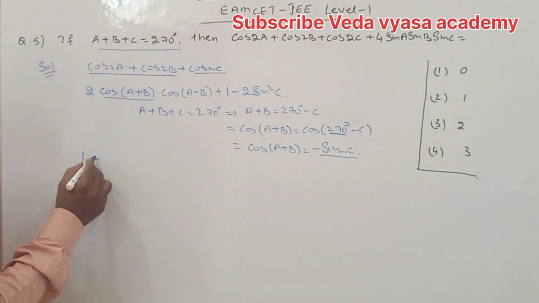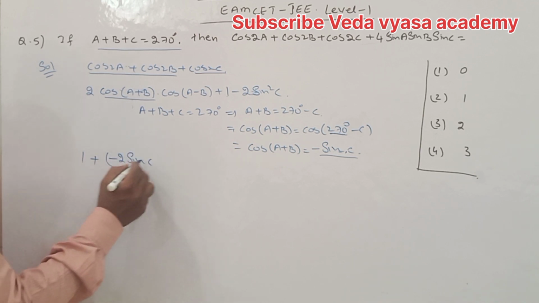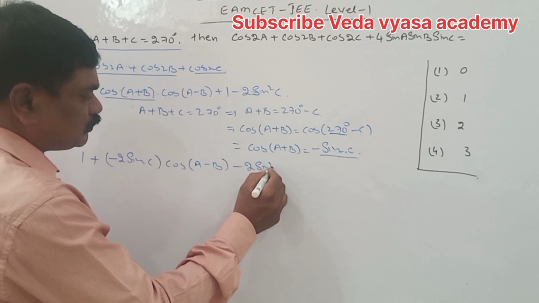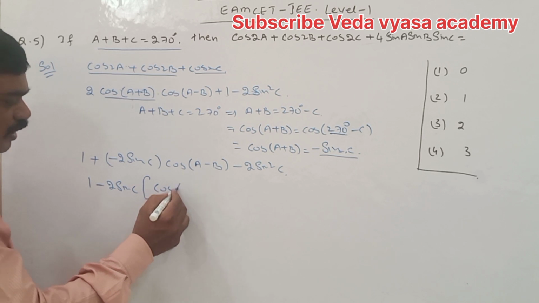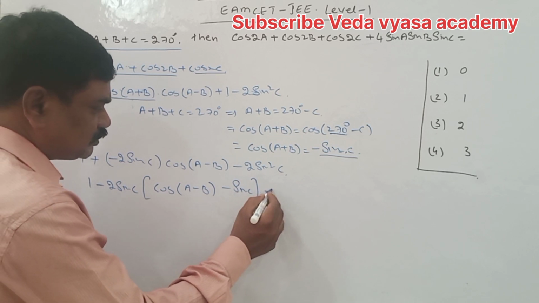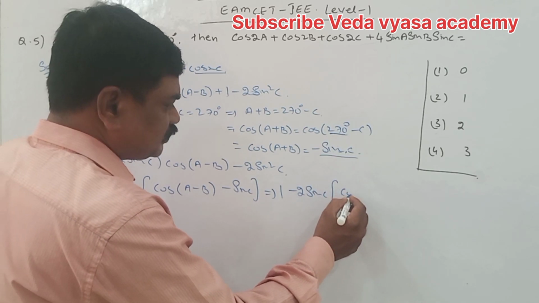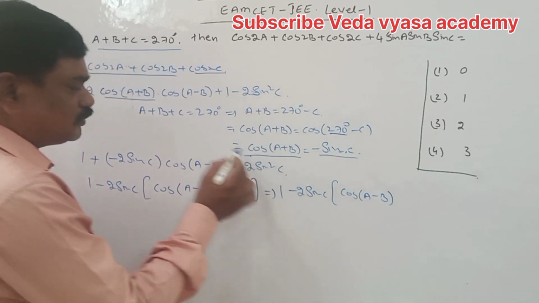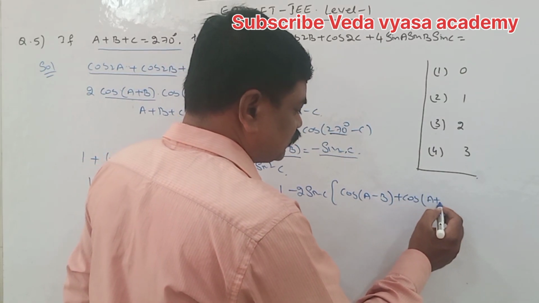So we can write 1 minus 2 sin C into cos of (A minus B) minus 2 sin square C. Taking 2 sin C as common, we get 1 minus 2 sin C times [cos of (A minus B) plus cos of (A plus B)], since sin C equals minus cos of (A plus B).